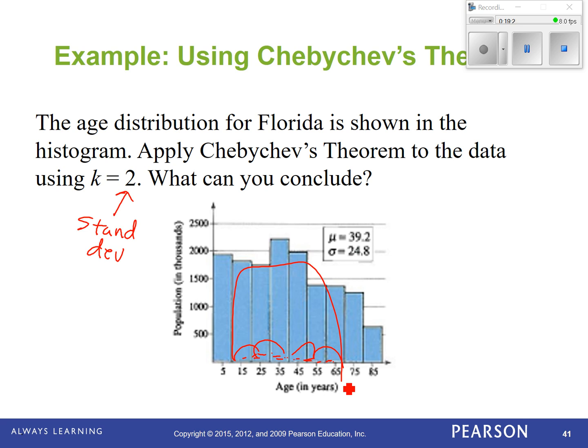They tell us that the mean is 39.2, so the mean is going to be somewhere right in here, and we're going out 2 standard deviations each way.